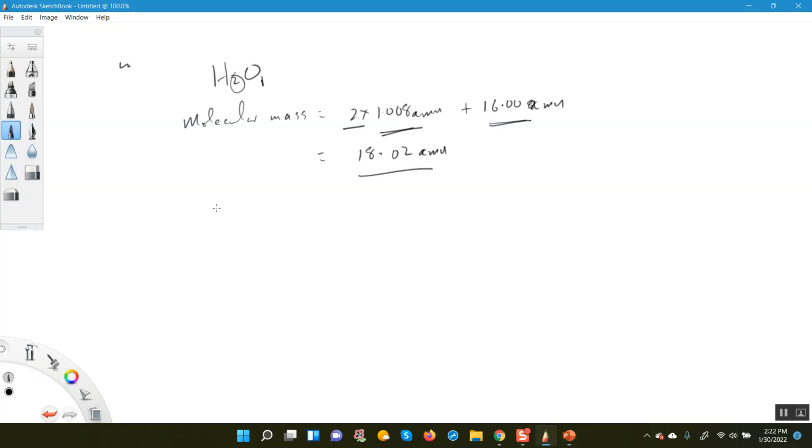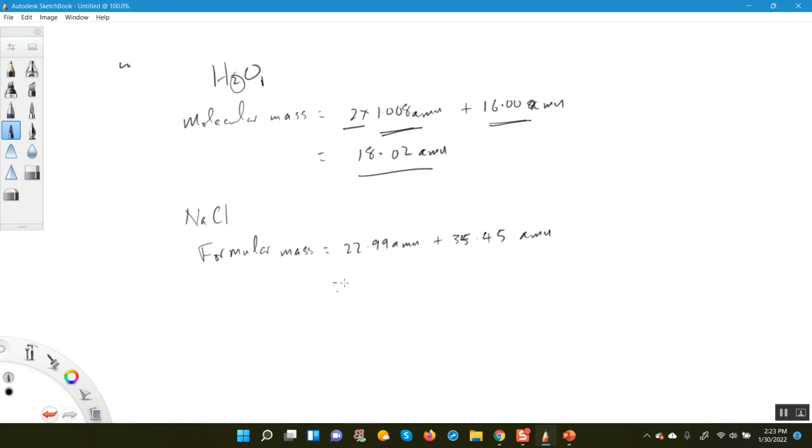All right, so for example, in the case of sodium chloride, NaCl, that's the formula for sodium chloride. Therefore, the formula mass in this case, because we cannot use molecular mass, will be equal to the atomic mass of sodium, which is 22.99 AMU, plus chlorine, which is 35.45 AMU.